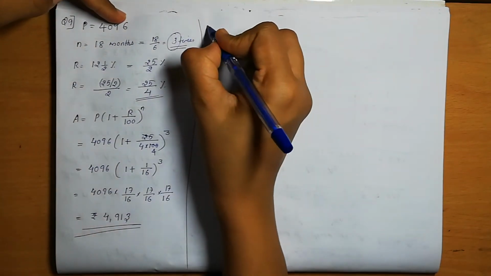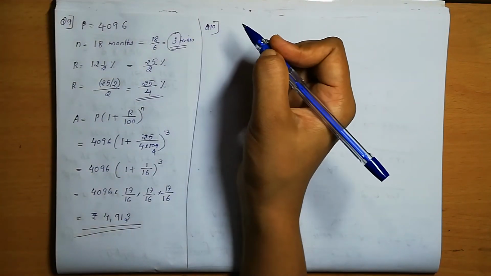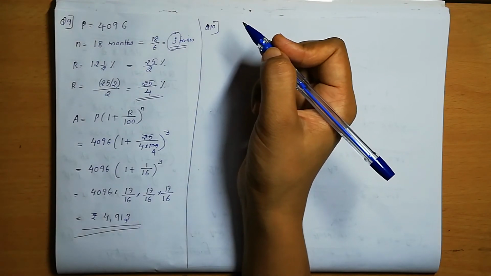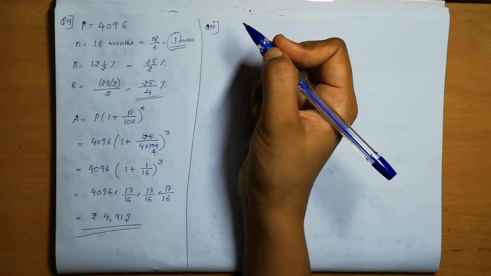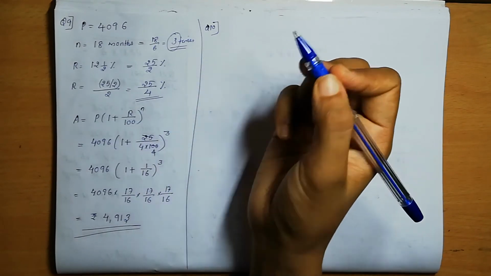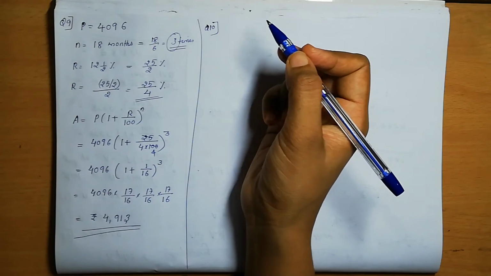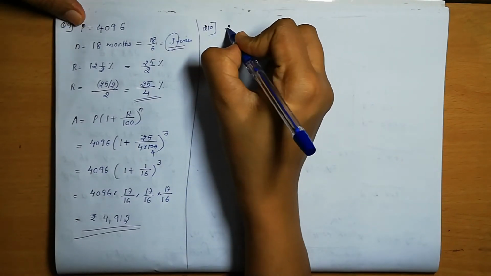Next, question number 10. The population of a place increased to 54,000 in 2003 at the rate of 5% per annum. Find the population in 2001. So it is increased to 54,000 in 2003, right? So here it is increasing from where?